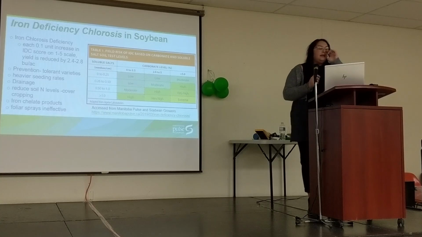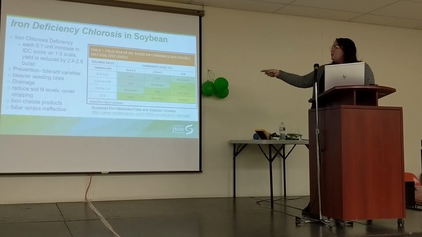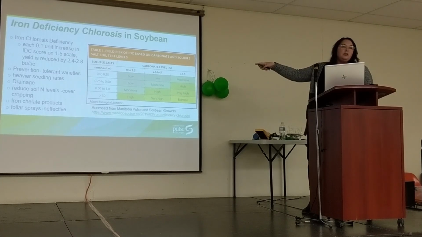This was taken from Manitoba Pulse and Soybean Growers, and what this chart is essentially showing is that every 0.1 unit increase of IDC infection equates to a 2.4 to 2.8 yield loss in soybean production. As we look at this table, as you move down the left-hand side in soluble salt or salinity, the units are equivalent to decisiemens per centimeter for those of you who know salinity ratings.